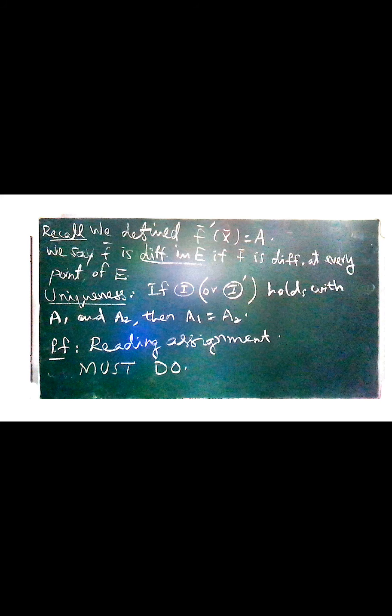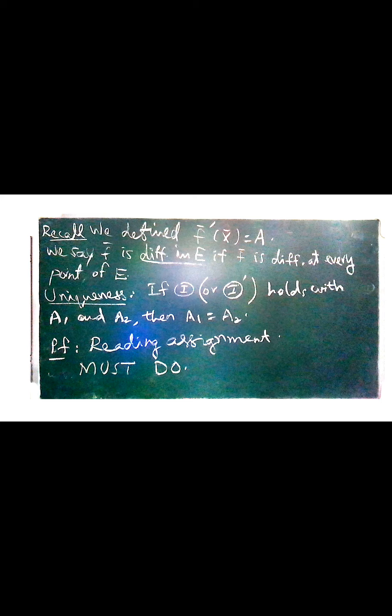Recall the linear transformation A is called the derivative of f at the point x, and it is denoted as f dash x. On the top of f and x you can see two horizontal lines. It is to indicate that f is a vector valued function and x is a vector in Rn.